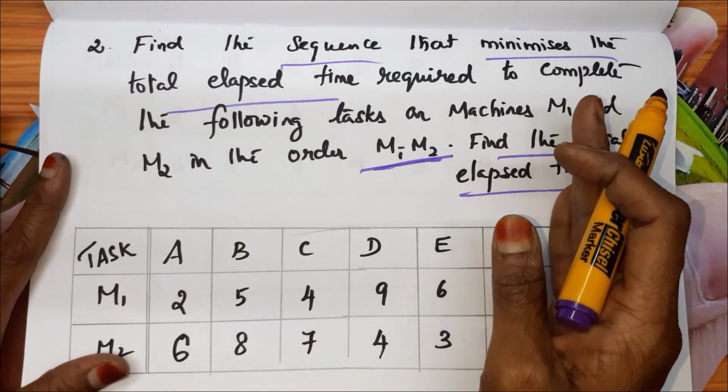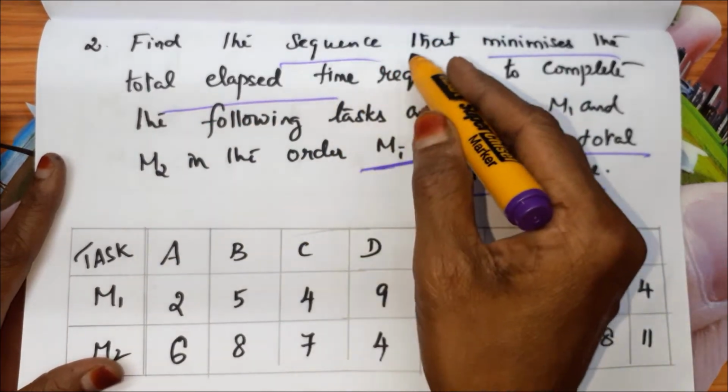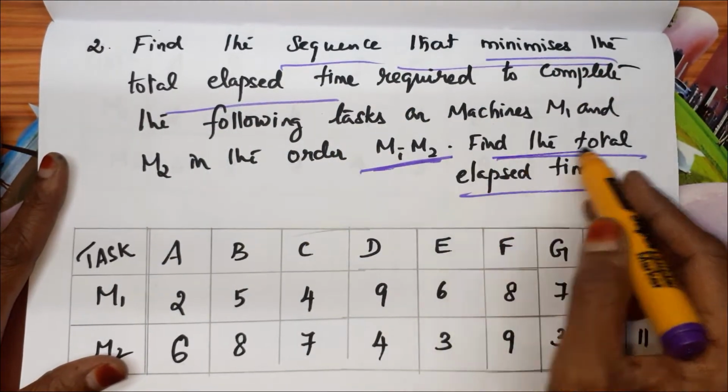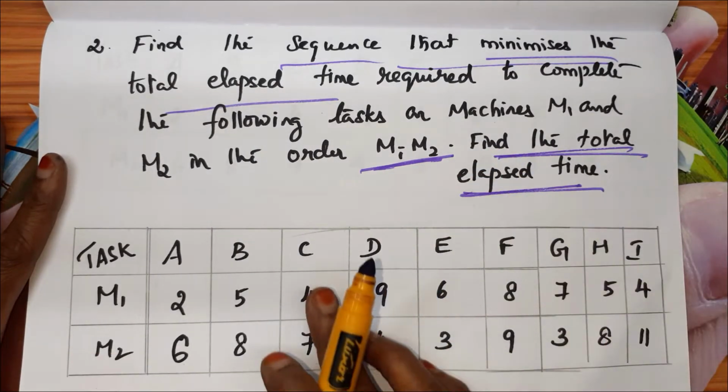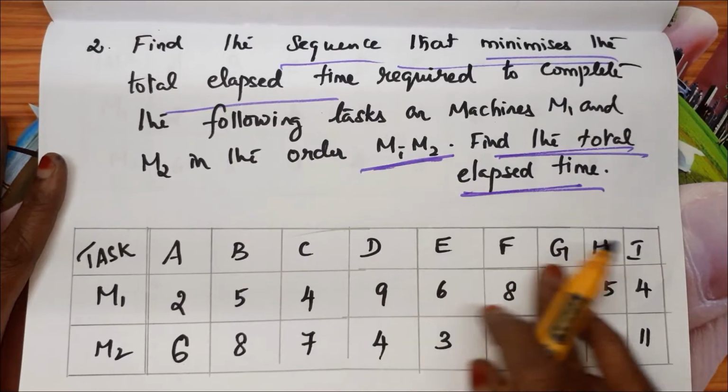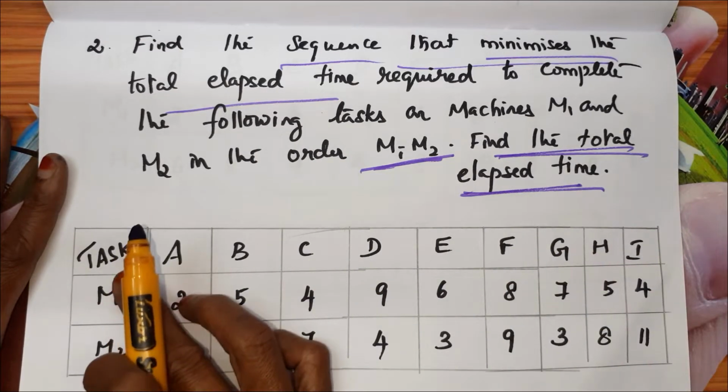So totally 4 answers you have to find. First the sequence, next the total elapsed time, then the ideal time for machine 1 and machine 2. Here we have 9 jobs processing through 2 machines.